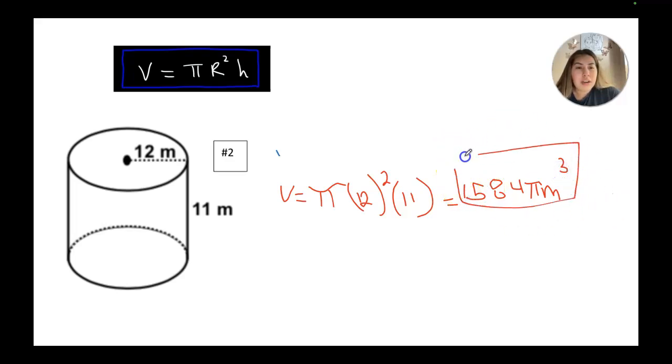For this one, we used our volume formula for the cylinder, and we plugged it in. Radius right here, height right here. Put that in our calculator. 12 squared times 11 is 1,584, giving us the total for the volume of this cylinder.